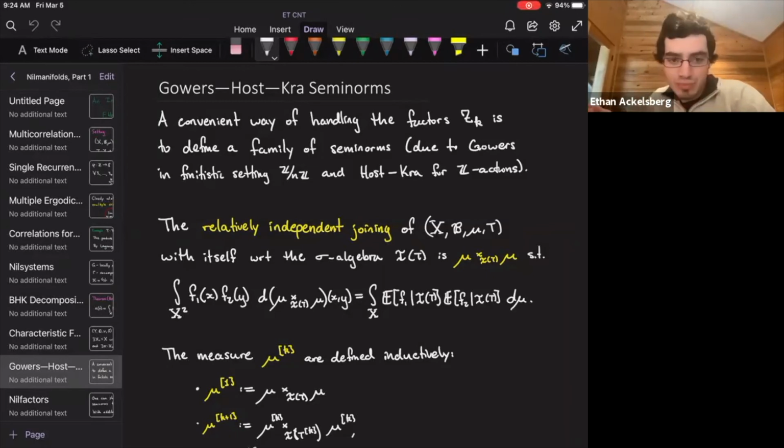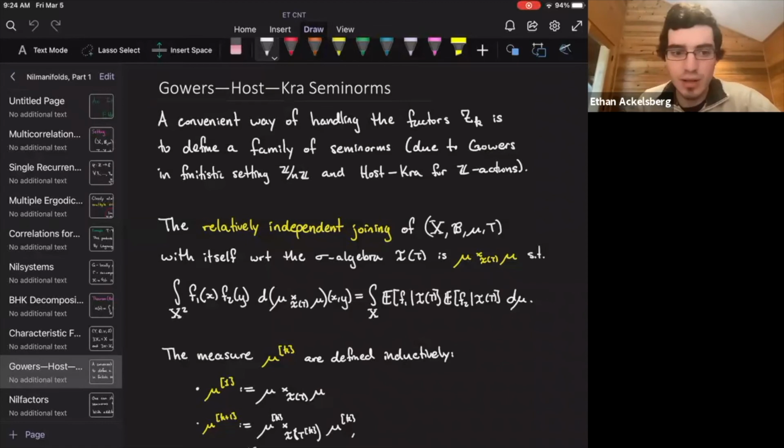So to define these, we need some more notions, and the notion of a relatively independent joining of a system with itself with respect to its invariant sigma algebra. We could define relatively independent joinings in more general situations, but we don't need to here.